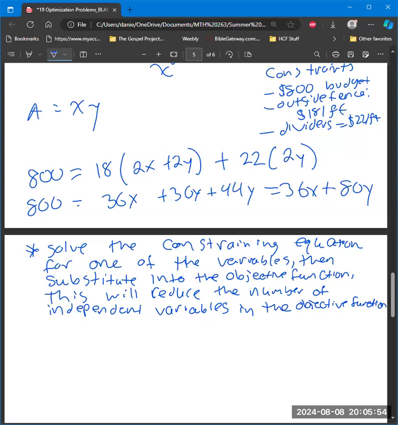So let's solve for y here. 800 equals 36x plus 80y. 80y is equal to 800 minus 36x.